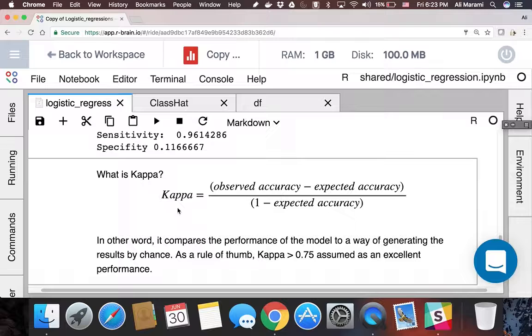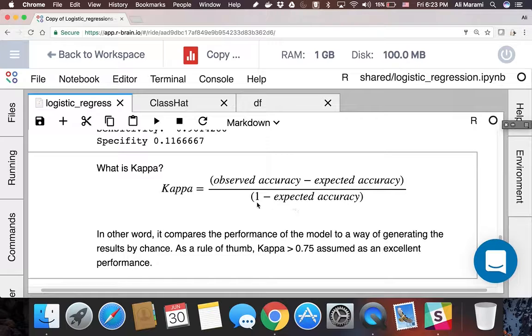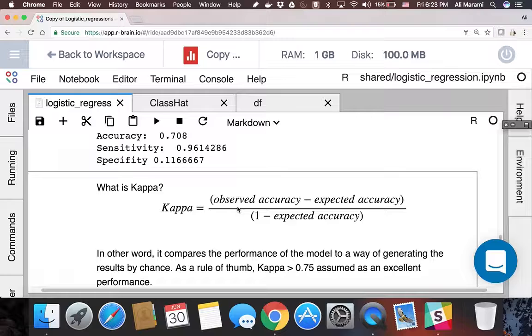Maybe you have a very limited number of events, then again, the expected accuracy is lower. So kappa gives you a good sense of observed accuracy considering the expected accuracy. That's why I like this measurement as one of the parameters to measure the quality.